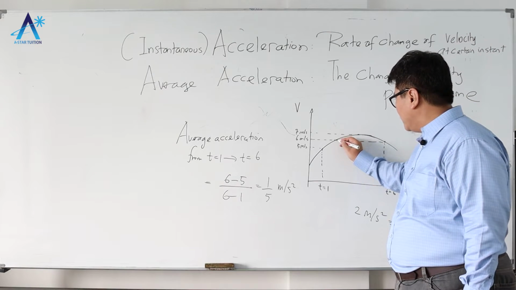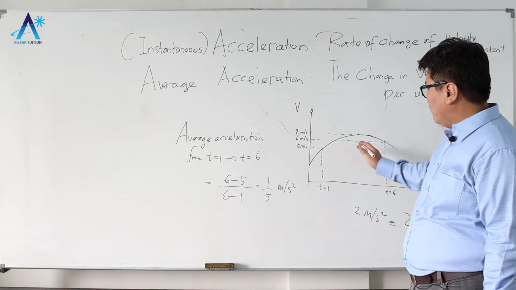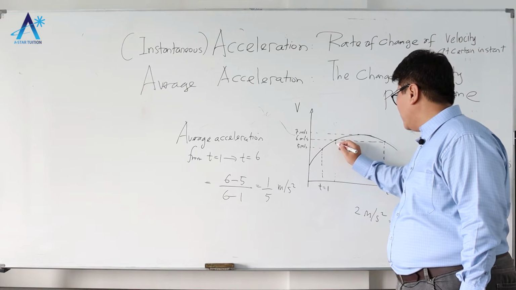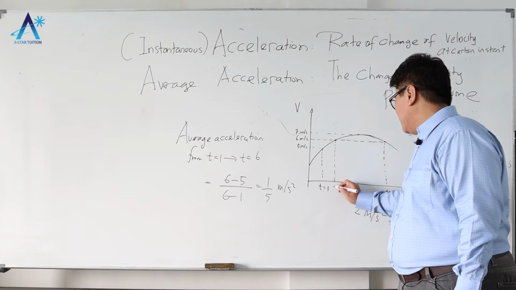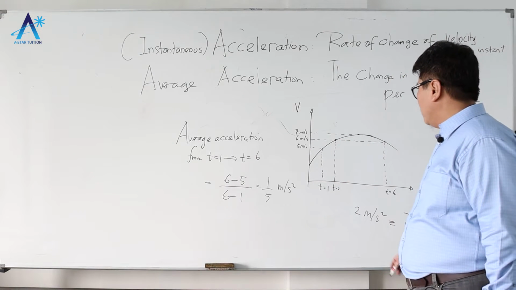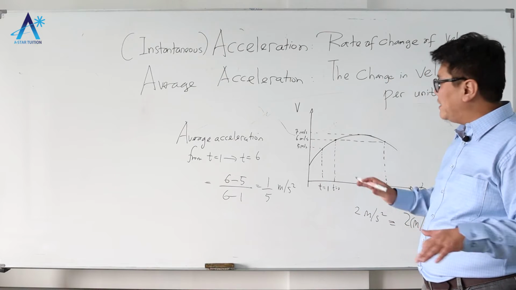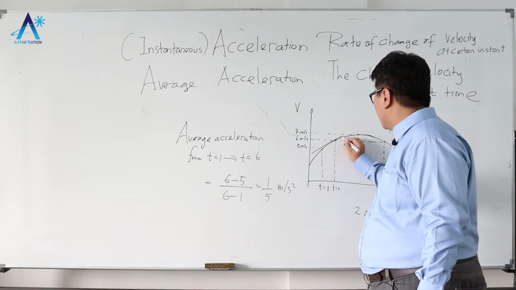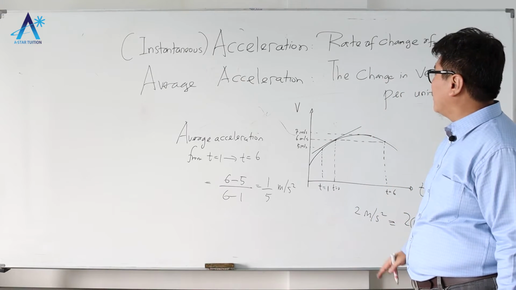So what I need to do is that in the graph, find when t equal to 2 and locate the position, let's say here. So this is t equal to 2, and then from here, you need to draw a straight line, a tangent line to the graph, and then estimate the value of the gradient.